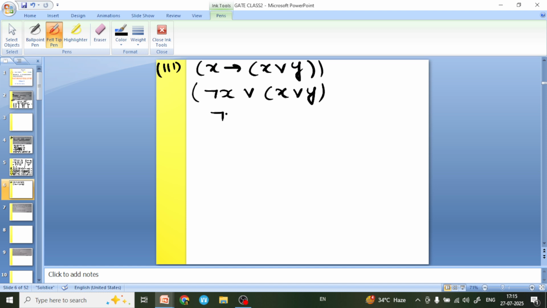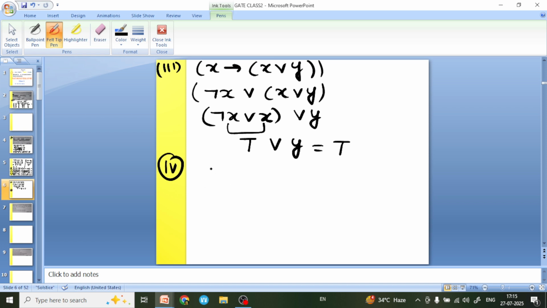You can see not x or x, or y. This will be equal to true or y, that should be equal to true.